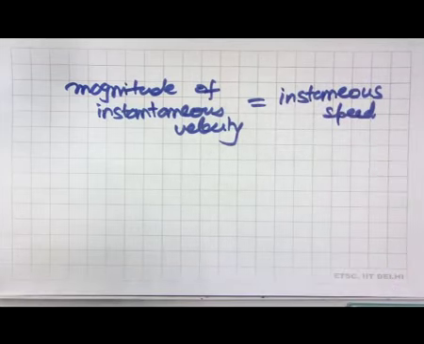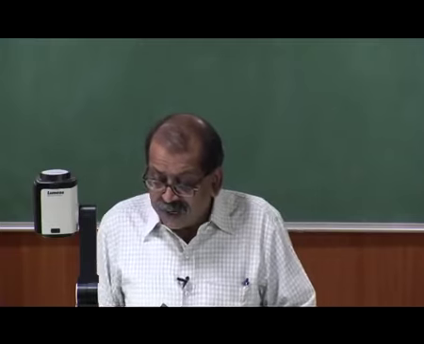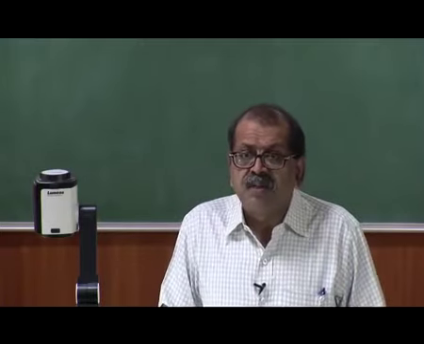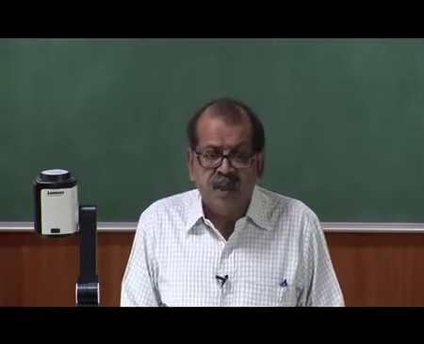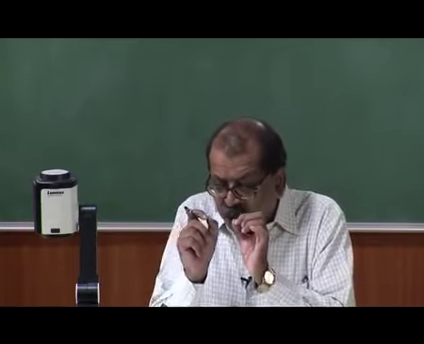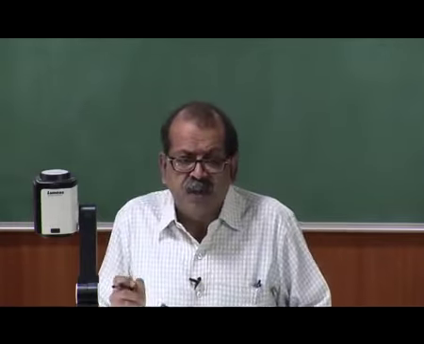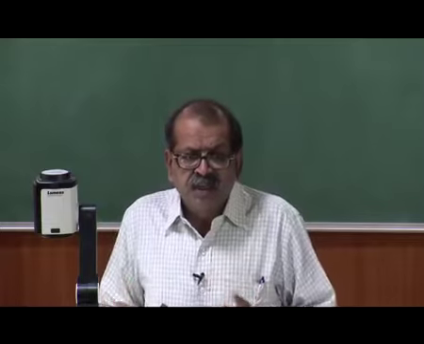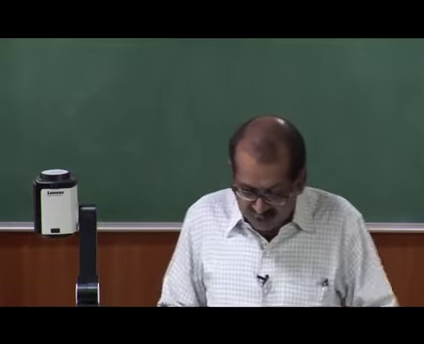Here we realize that the two magnitudes are equal, whereas for average velocity and average speed the magnitudes may not be equal. Here we are looking at the motion only over a very small interval delta t around t, so these two magnitudes have to be the same.